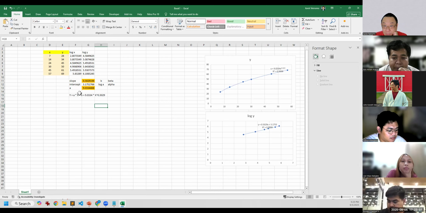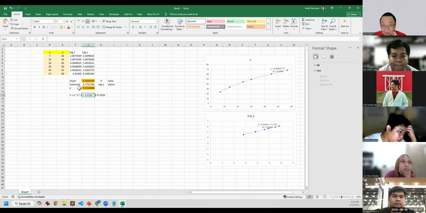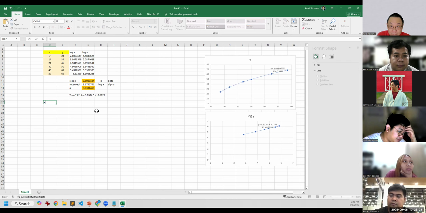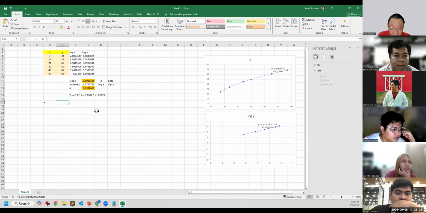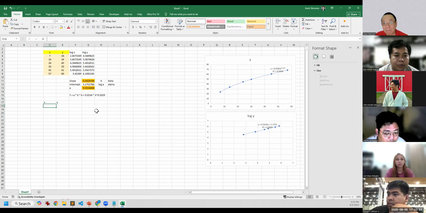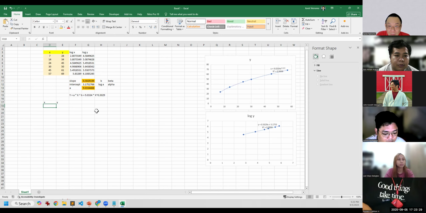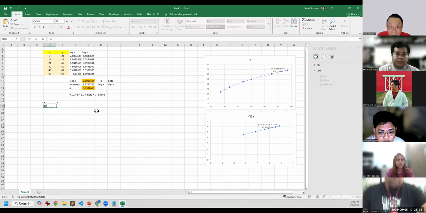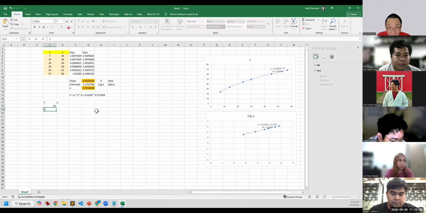So if you already know the model with the parameters, so these are calibrated parameters, then you can predict. So I have a new X here, and I want to predict the value. Say I have a new X, what number do you want? 10, and then 12.